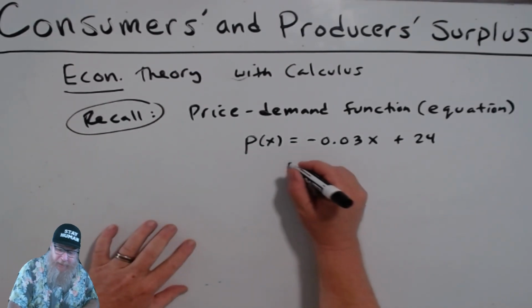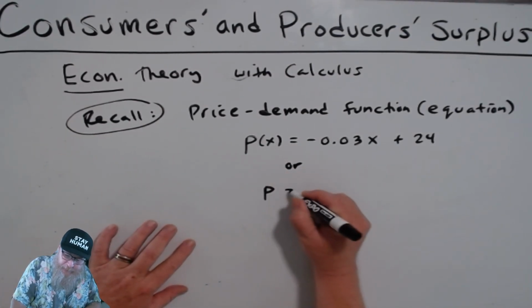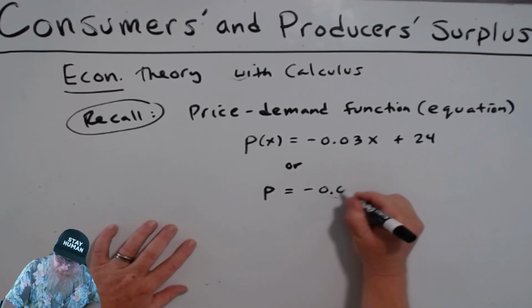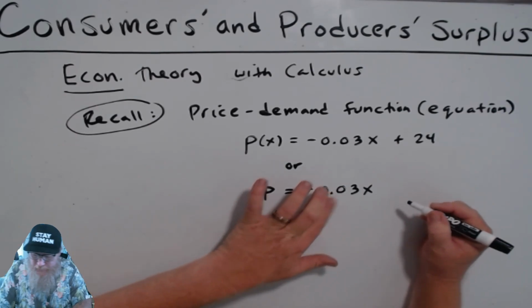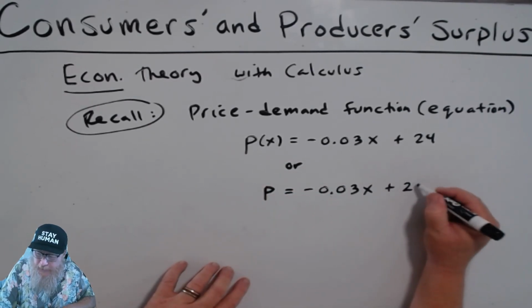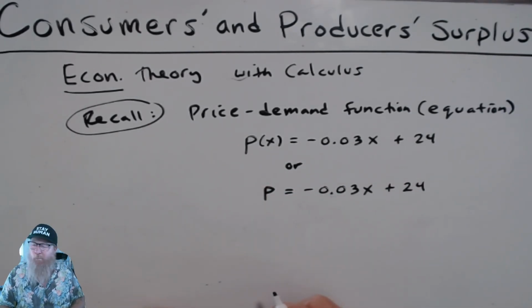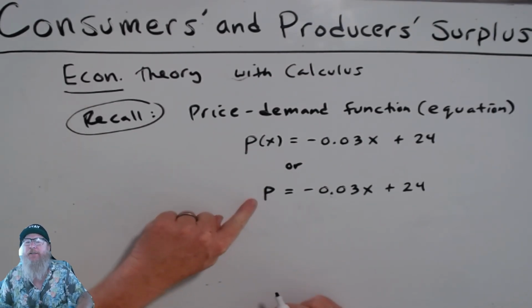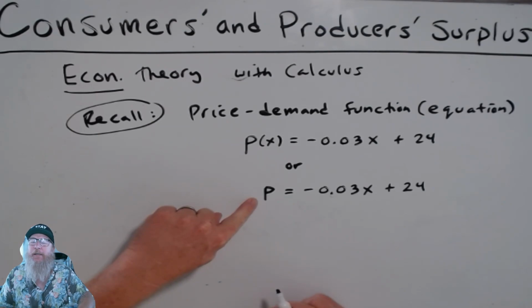It can also be written like this, just simply as an equation. P equals negative 0.03 x plus 24. So this is the function notation, and this is just the standard equation notation. Okay.